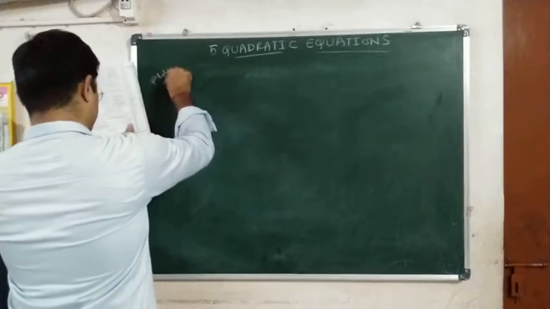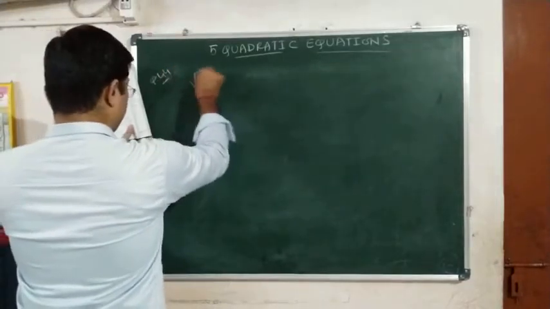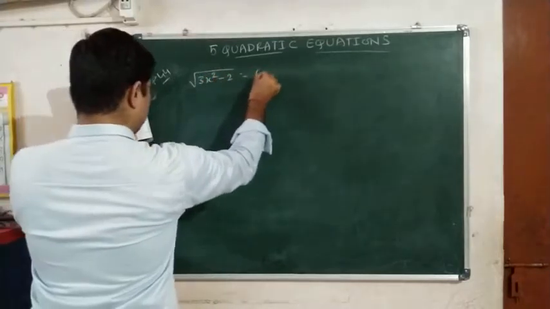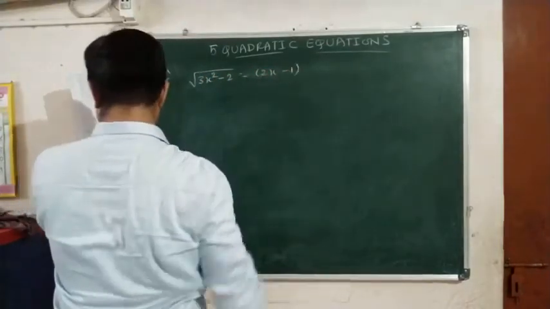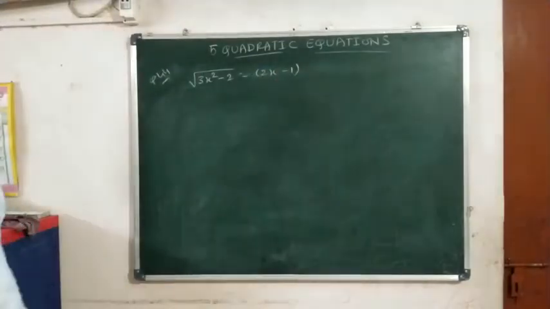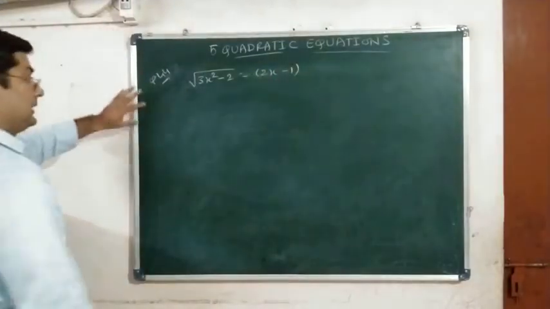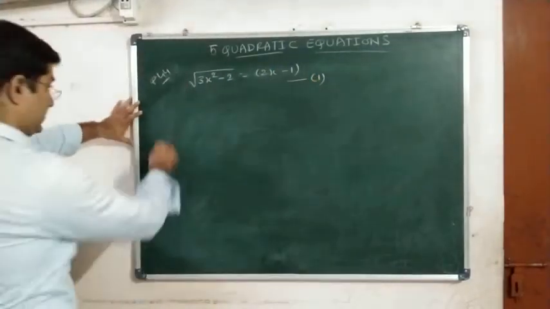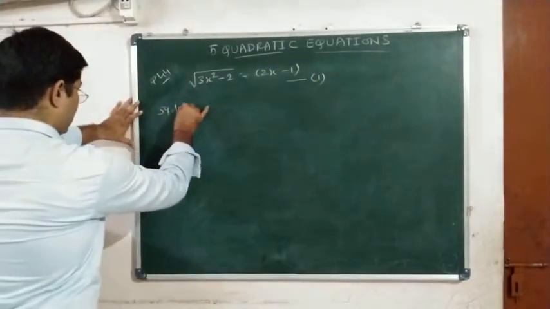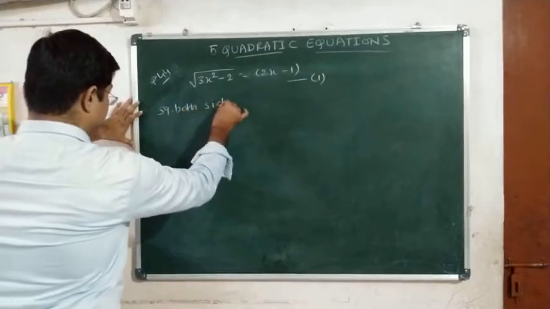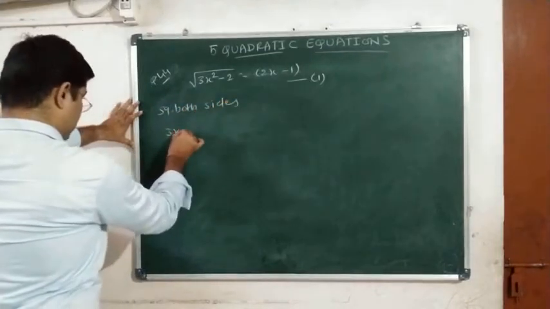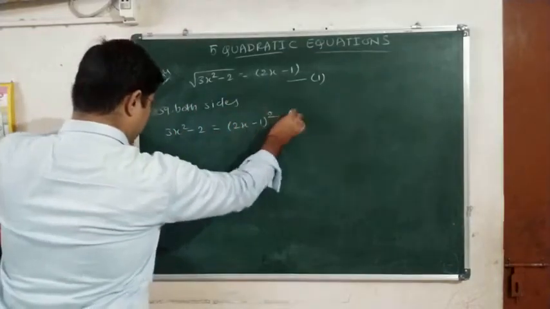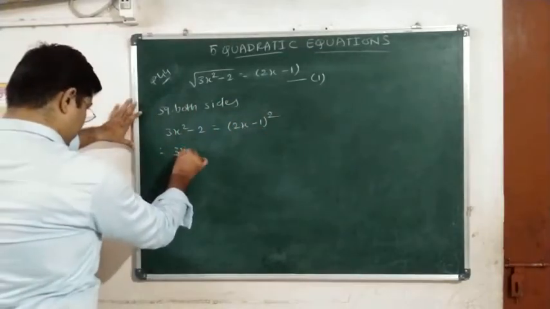Okay, so question number 44. Square root of 3x square minus 2 is equal to 2x minus 1. Okay. Now let us give number 1 to this equation. Now squaring both sides. So 3x square minus 2 is equal to 2x minus 1 the whole square.